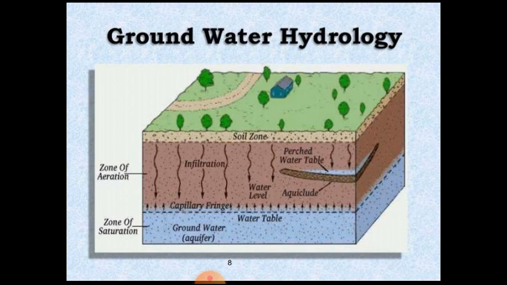You can imagine how capillary rise occurs for different materials, depending on grain size. As materials get finer and finer in grain size, the capillary rise increases. So that is the general relation between grain size, material and capillary rise.